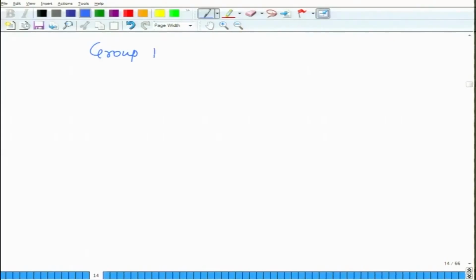and similarly you will have a decrease in the coefficient of thermal expansion. So if I now compare the group 4 elements, in group 4 elements we have carbon, silicon, germanium and grey tin.